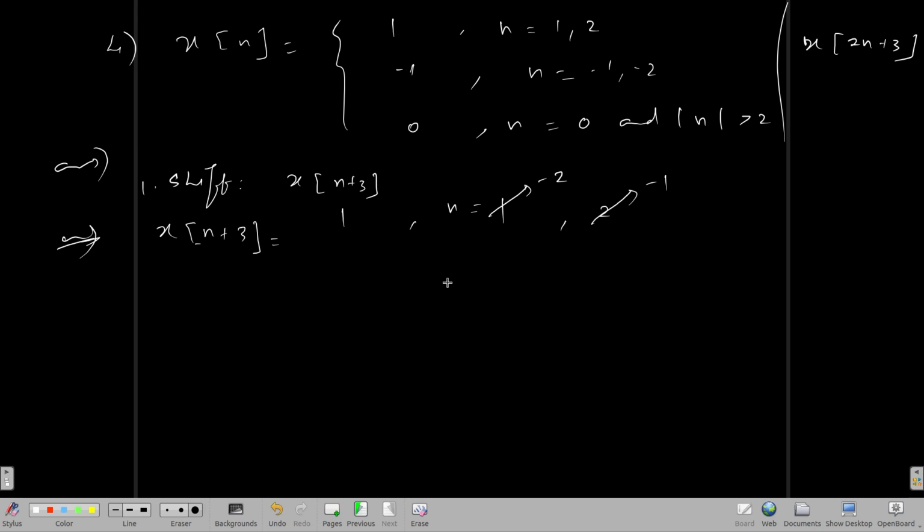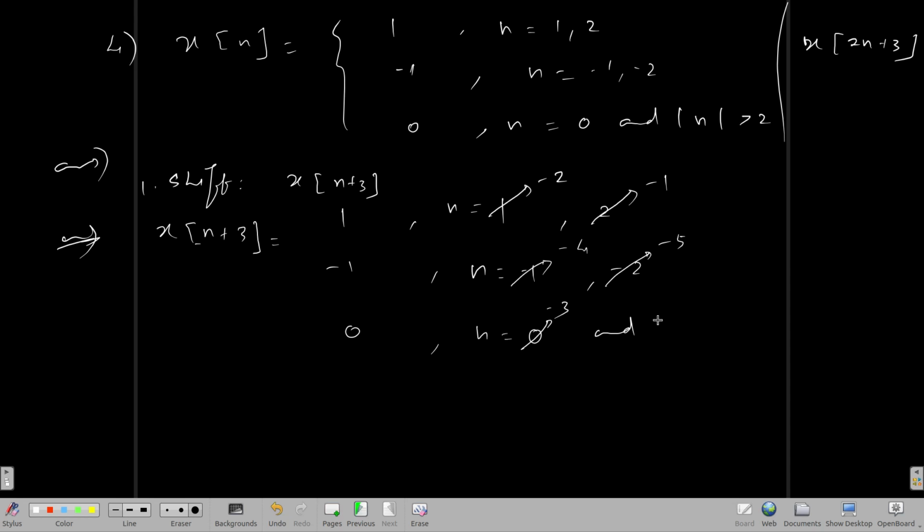and 2 will become minus 1. Sorry, 2 minus 3 is minus 1, and for minus 1 it will be n equal to minus 4, and minus 2 will become minus 5, and 0 will be for n equal to minus 3. Now you cannot just simply write mod n greater than 2. You have to consider, right? Now if you see, it is having values from -1, -2, -3, -4 and -5.